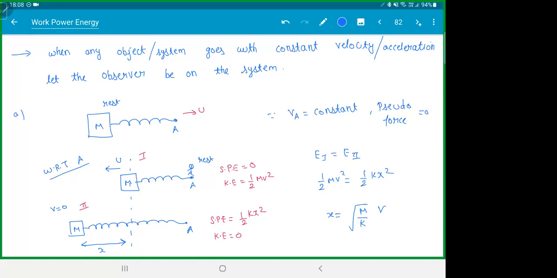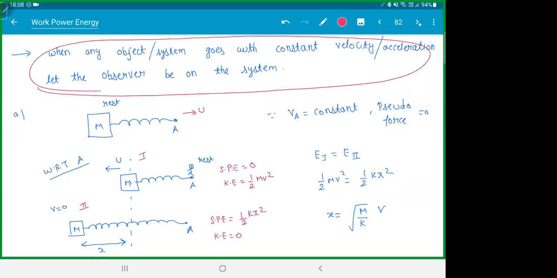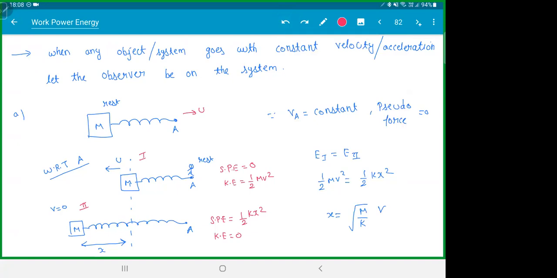Now see, this is not a physics concept, that whenever you stand on A, it becomes easy. This comes from experience. When you solve a lot of problems, when you see a lot of things, you'll figure it out. Something is going with constant velocity. Let me stand there. Keep this in mind. We're going to do a few more problems on this today. Constant velocity, constant acceleration.